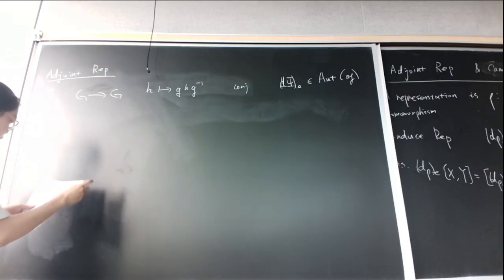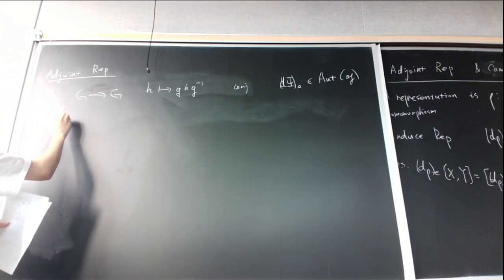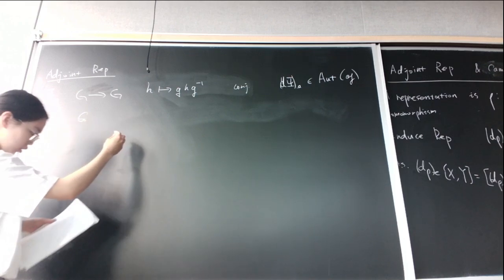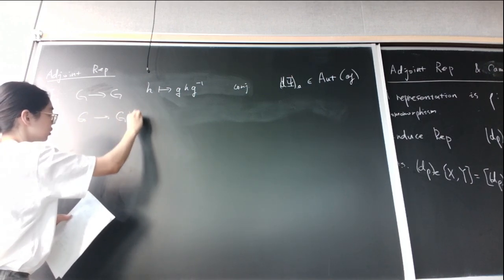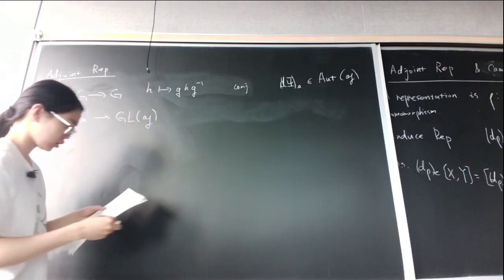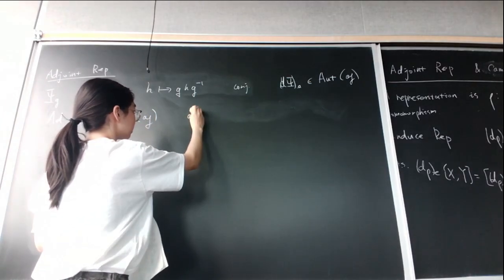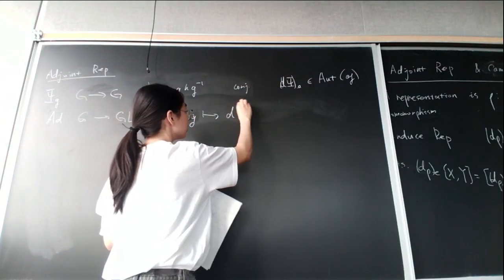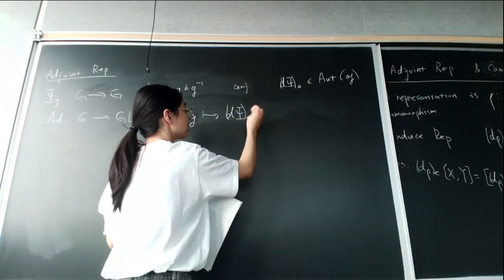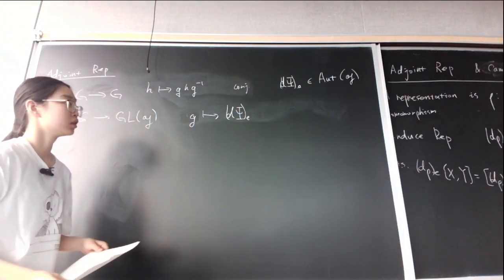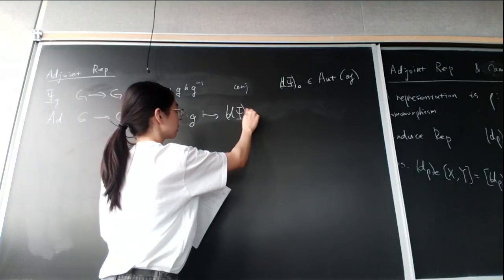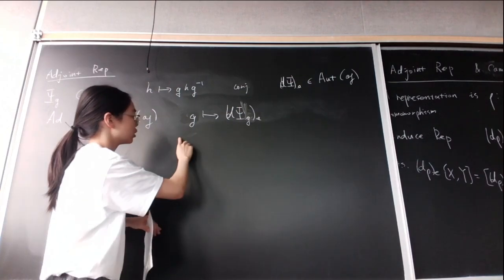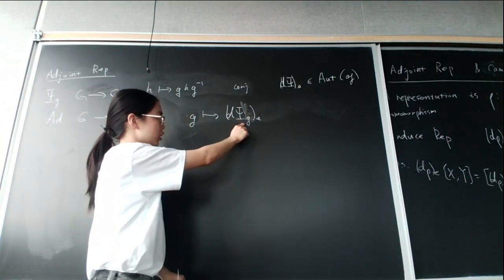Now we can define Ad. It's a map from G to GL of the Lie algebra that sends G to the differential of conjugation by G at identity.